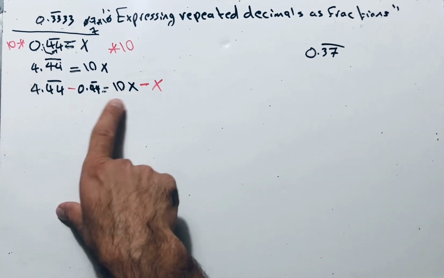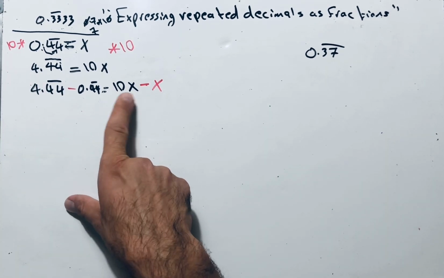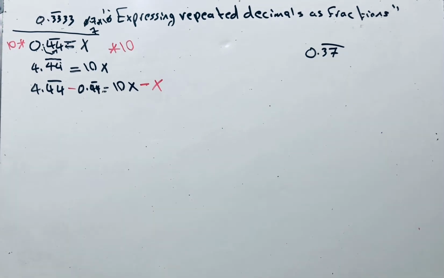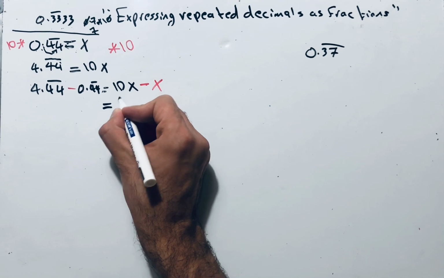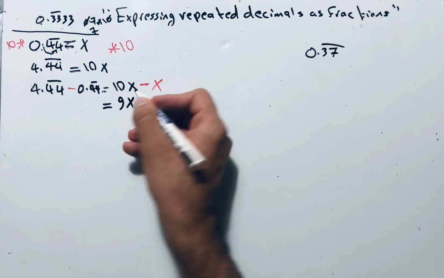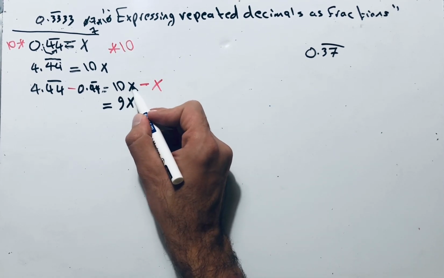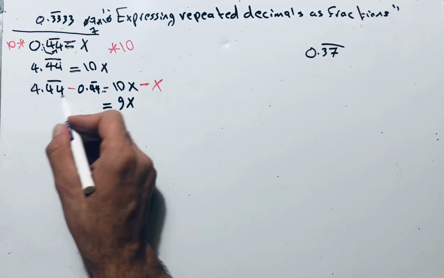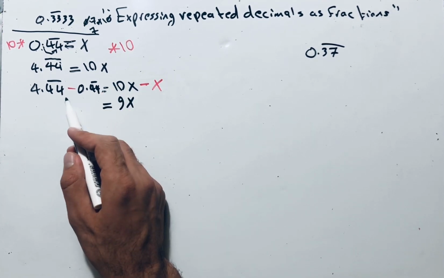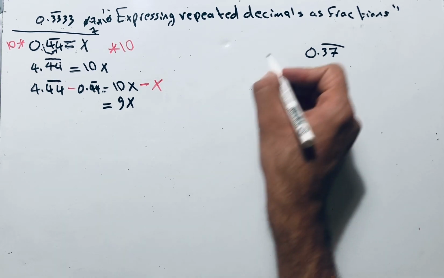You won't get any fraction results. That's why we subtract 1 x from it, okay? Now, 10x minus x, obviously you get 9x because you have 10 things, and then you subtract 1, you get 9x.